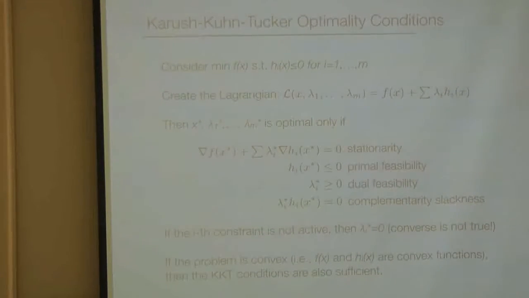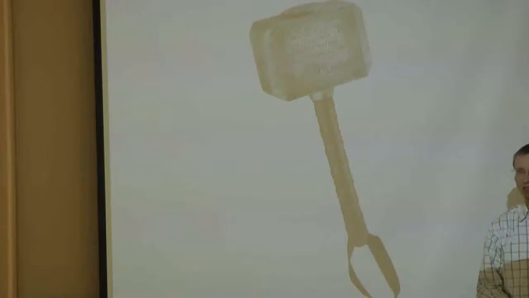Okay? And as I said, this Karush-Kuhn-Tucker approach to solving optimization problems is one of the most general approaches how to solve pretty much arbitrary optimization problems. So I could even say that this is a big, powerful hammer for solving optimization problems.